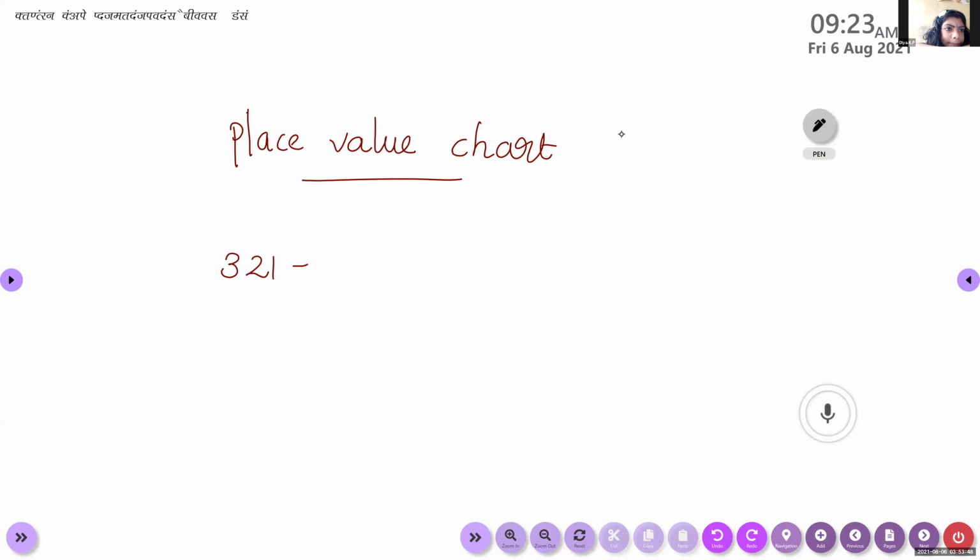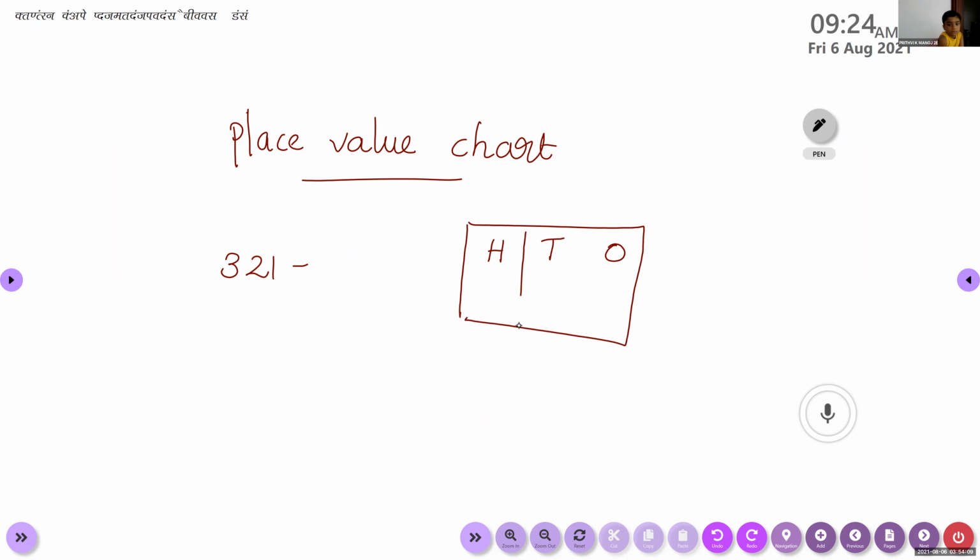For a three-digit number, how many places are there? 3 places. Which are the places? This is the place value chart. Okay.